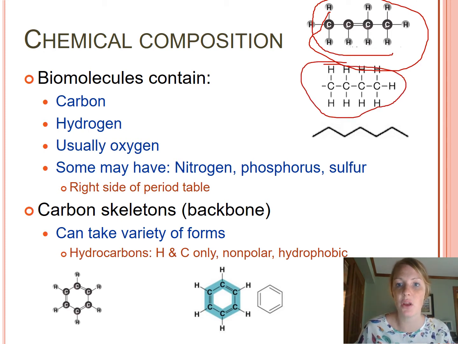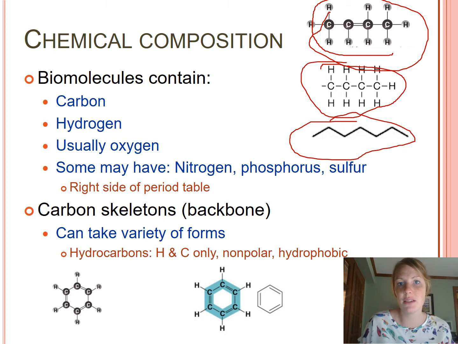Here's a longer hand illustrating all of the carbons and hydrogens, and then here's a shorthand structure of that. You don't need to necessarily know these different structures, but if you see them in readings or online, you should understand that each of these bends indicates a carbon, and they are typically saturated with the hydrogens that are linked to them.